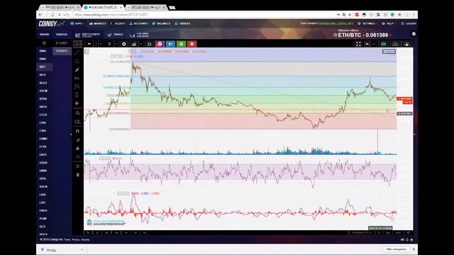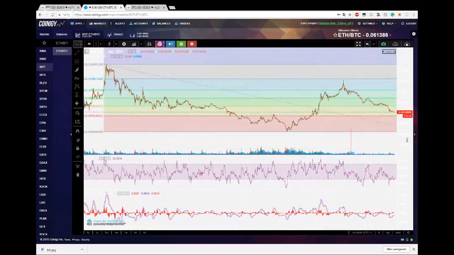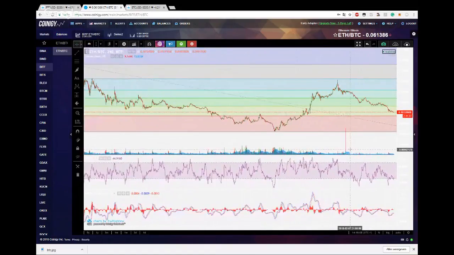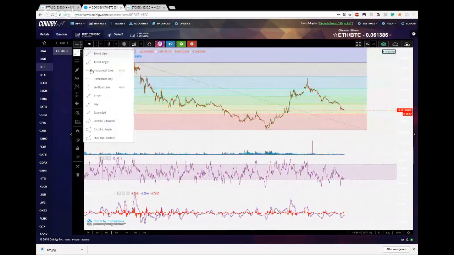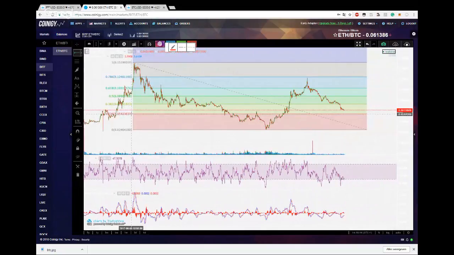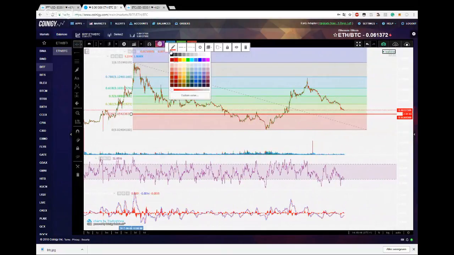One thing concerns me. We haven't really touched the 0.236 level. And by 0.236 level, I mean this one, which is currently sitting at 0.053, something in that range. This is a great support. This support appears to be very strong.